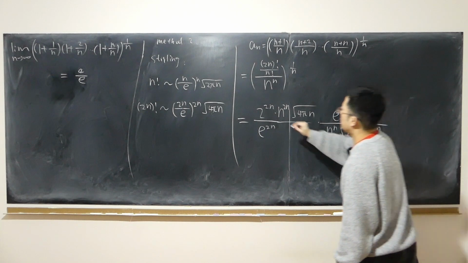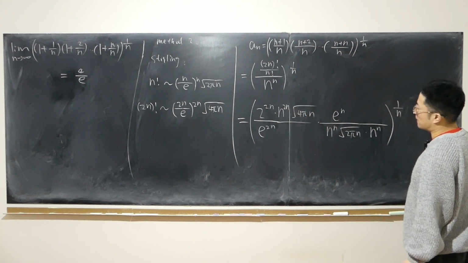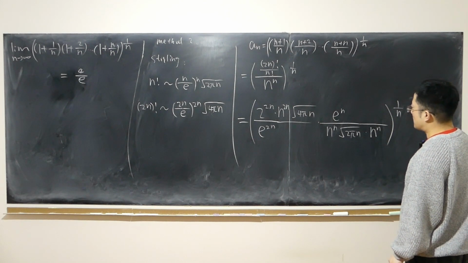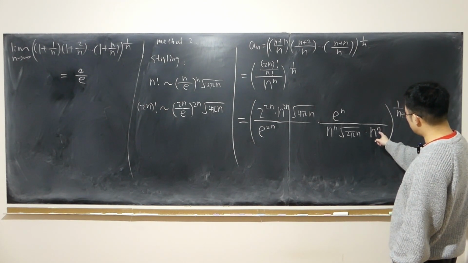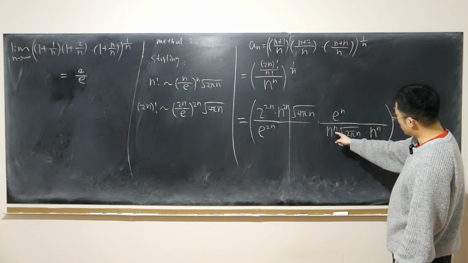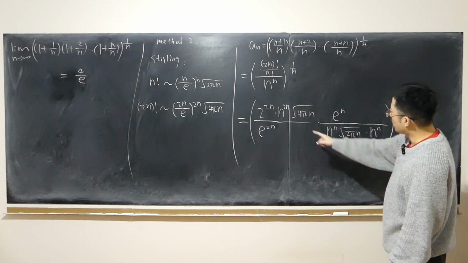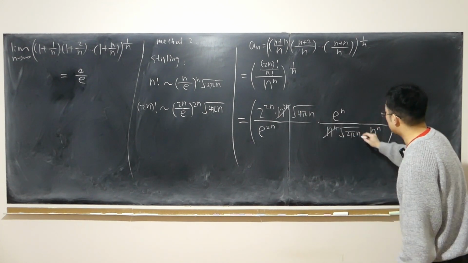And altogether to the power of 1 over n. Then what is that? n times n to the power of n to the power of n, that's just n to the power of 2n. N to the power of 2n, they just cancel out.